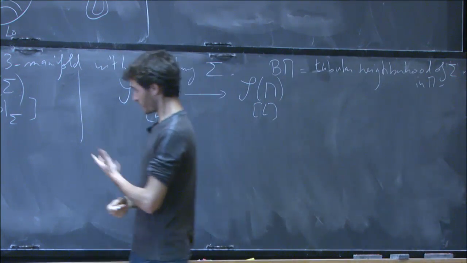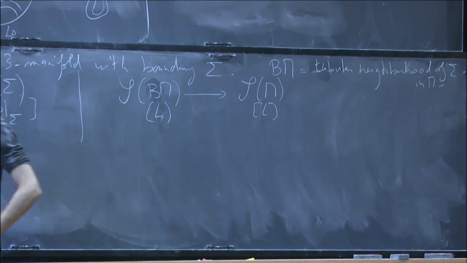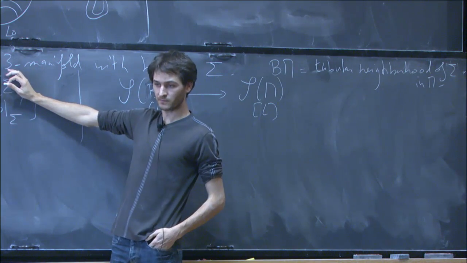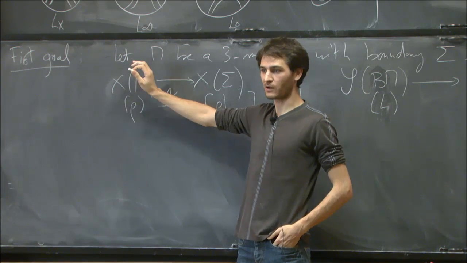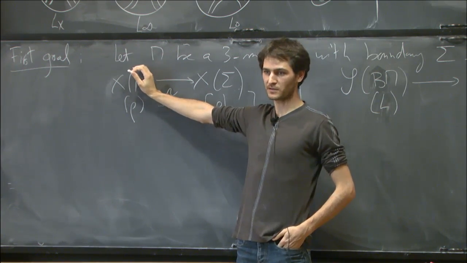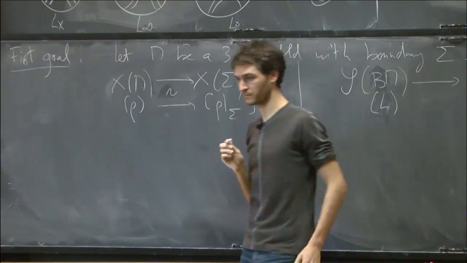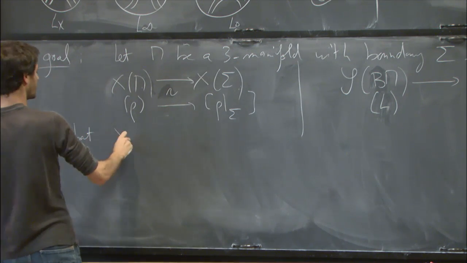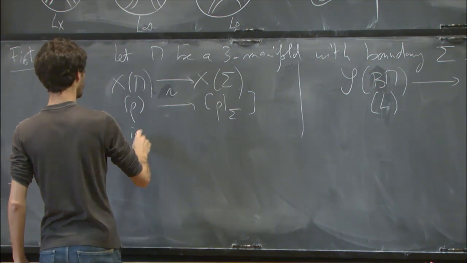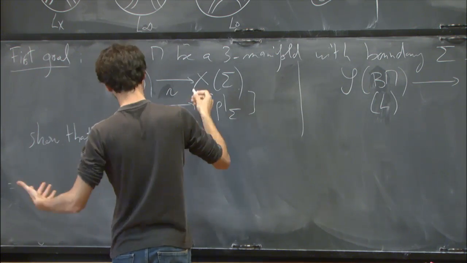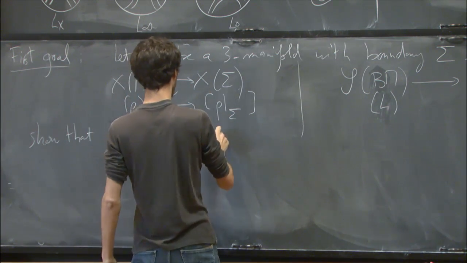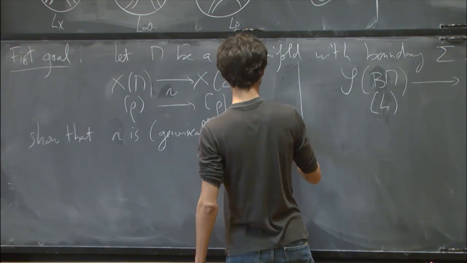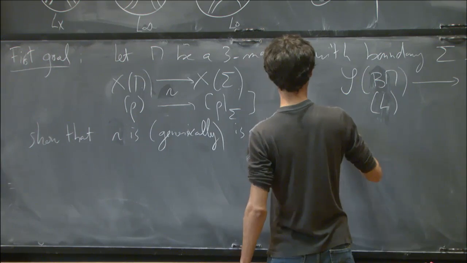And one thing, my first goal, so let me go to my point. Here we have a symplectic variety, and here we have a manifold. I would like to explain that this is indeed a Lagrangian embedding. So show that this map R is, generically, or with some hypothesis, because it's not always true, a Lagrangian embedding.